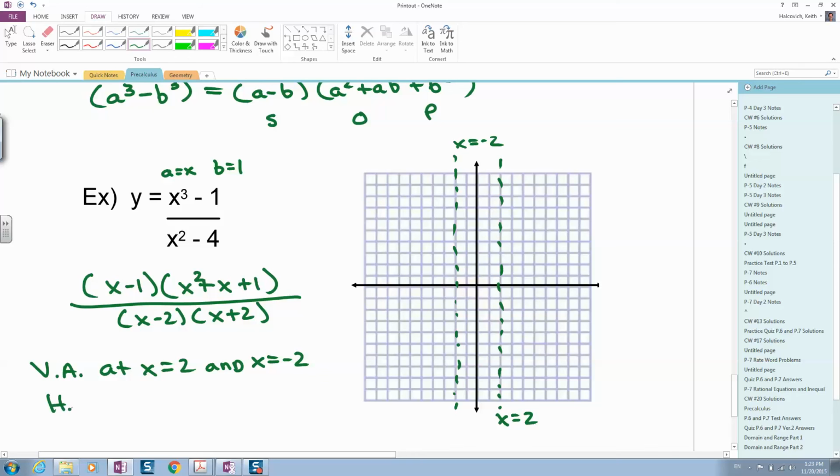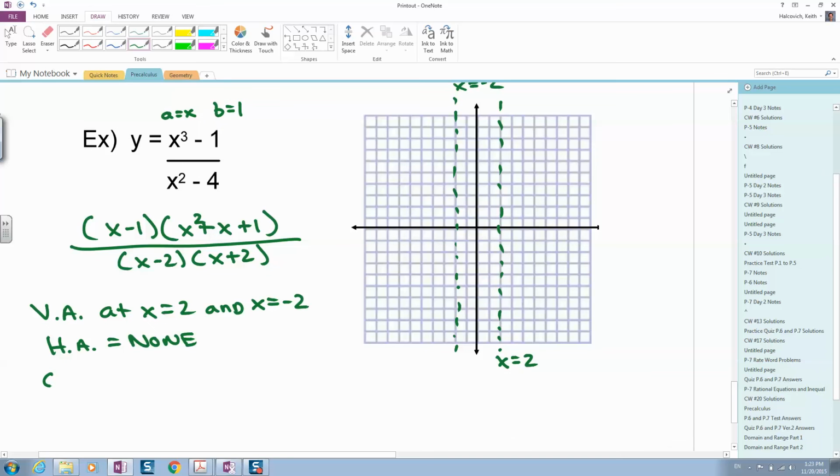Our horizontal asymptote, well, there is none, because the degree of the numerator is larger than the degree of the denominator. Our oblique asymptote, we have x squared. Now, remember, if it goes from x squared to just the number, we're going to put a 0 in as a placeholder. Same thing here. We're going to put a 0 in as the placeholder for the squared term and the x term.